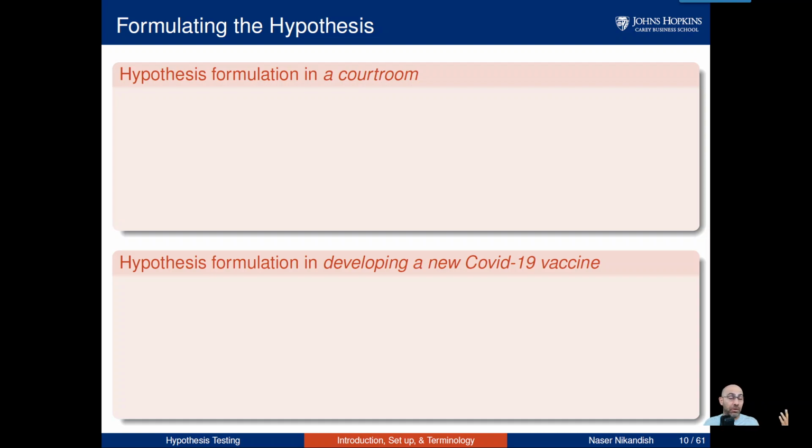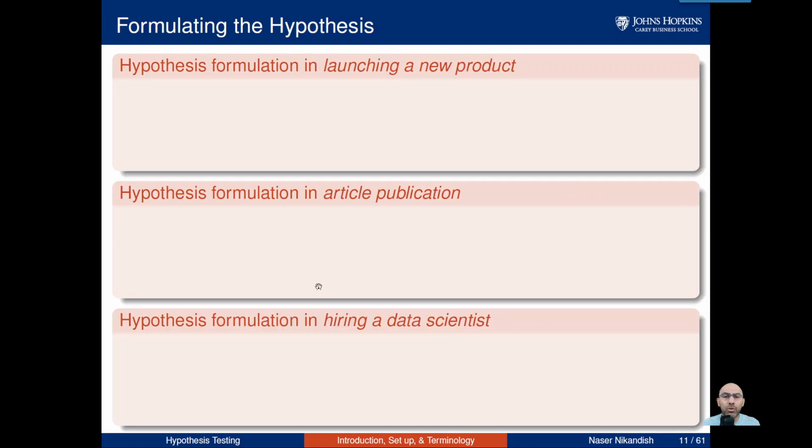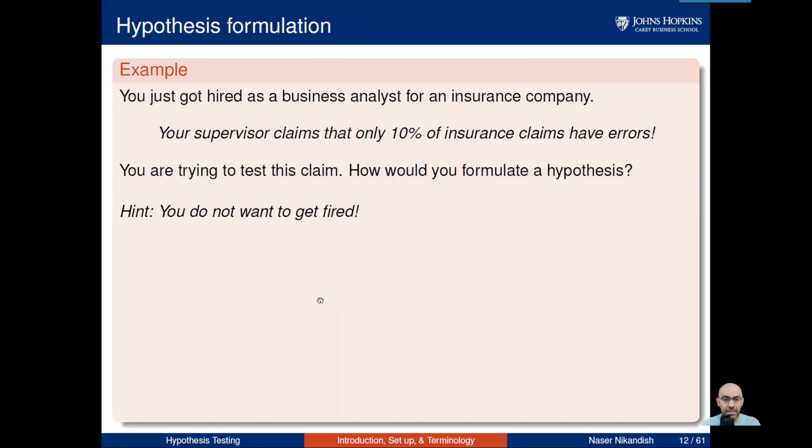I don't have data, so why would I give this vaccine to people? Why would I approve it? So the default is that this vaccine is not working, and this is the one that protects society in the absence of data. Now you collect data, you run tests, and if your experiment proves that, as a matter of fact, the vaccine is working, then we are going to reject H0 and accept H1, which is that the vaccine is effective. So I'm going to leave all of these to you to test.